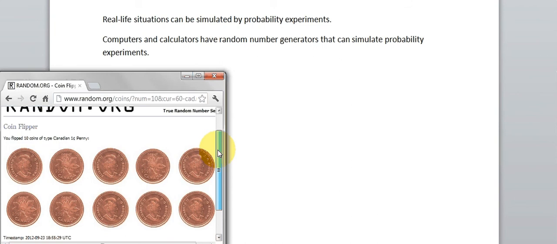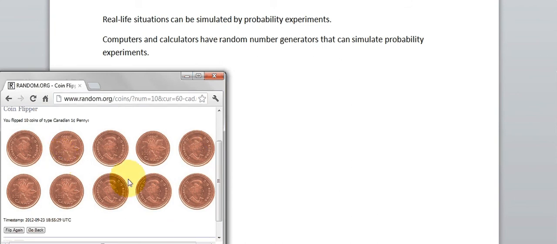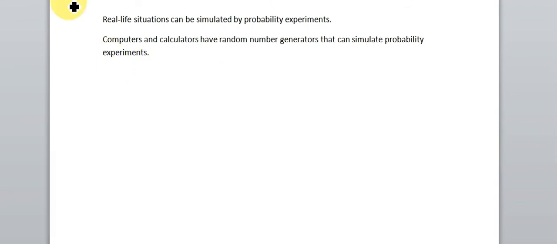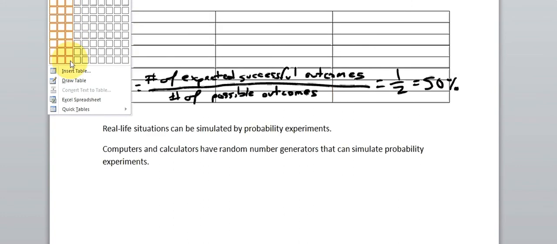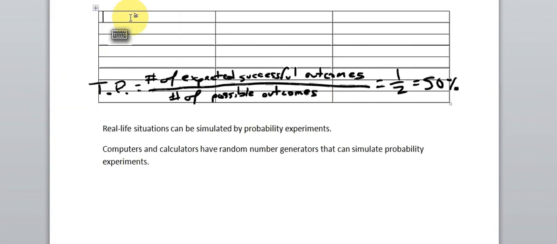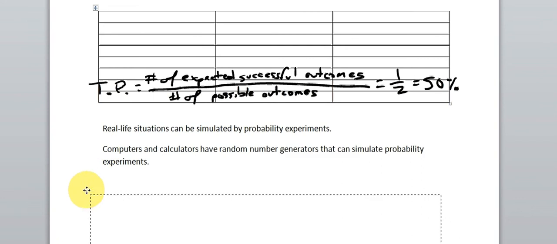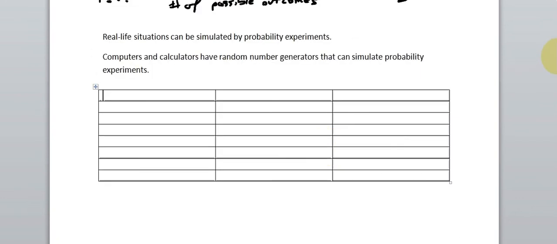So let's create a table. Tables are usually pretty useful for this kind of thing. Let's create a table where we can record our results here. So the first thing we're going to record in our table is the number of trials.